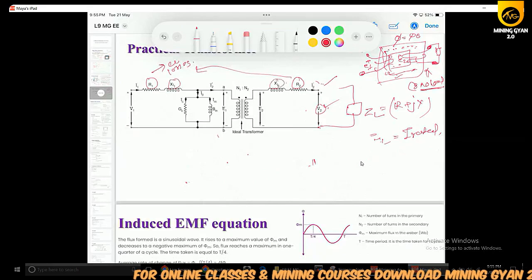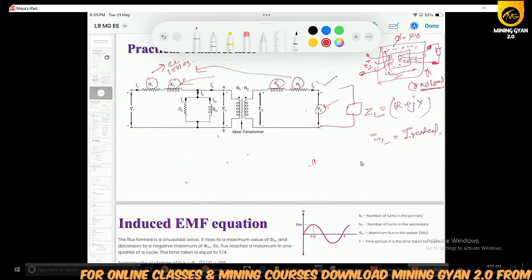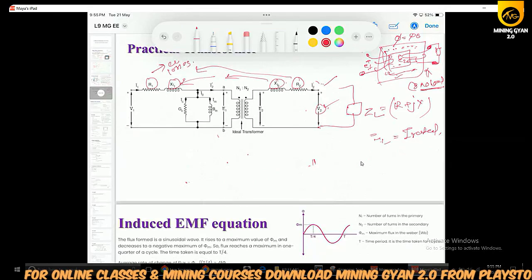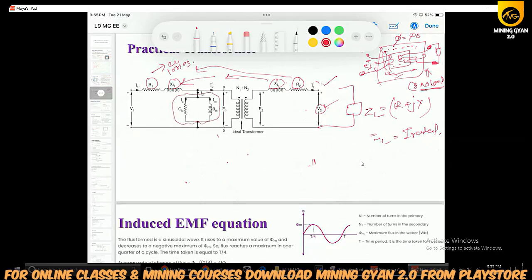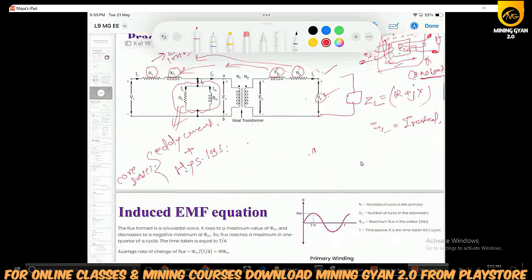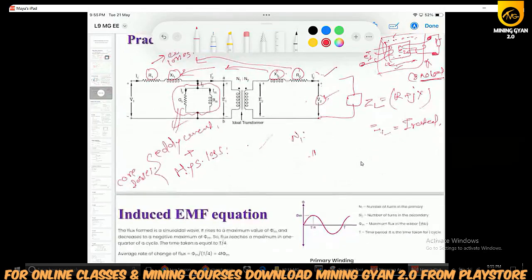XL1 and XL2 will be used to get the leakage. And this is the shunt branch. These two are used to get the eddy current loss and hysteresis loss, and these two are the iron core losses, the core losses. That's it. And N1 to N2 is what? The turns ratio.